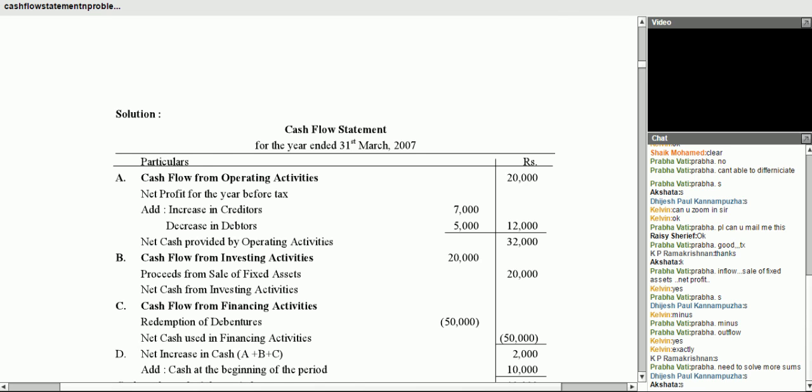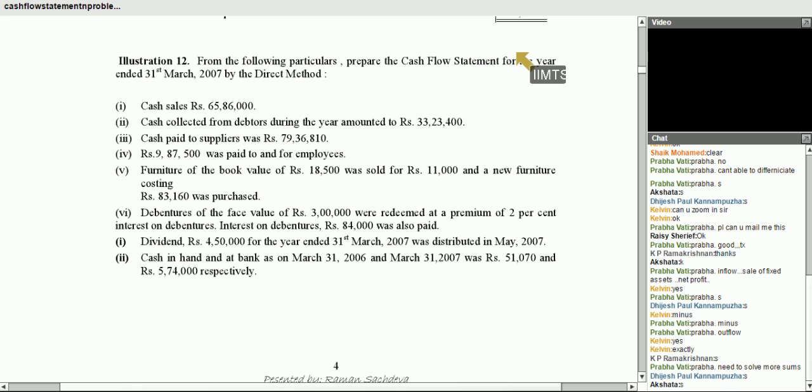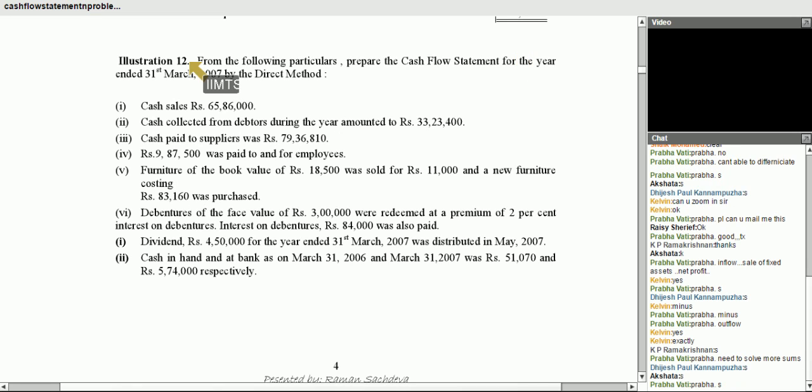Now, one question is this, illustration 12. Can all of you see? Okay. From the following particulars, prepare the cash flow statement for the year ended 31st March 2007 by the direct method. So this is the information given.